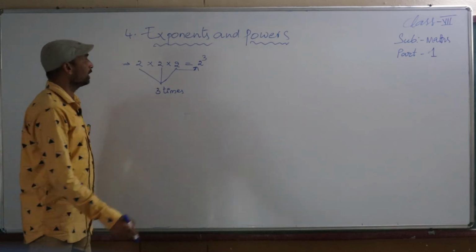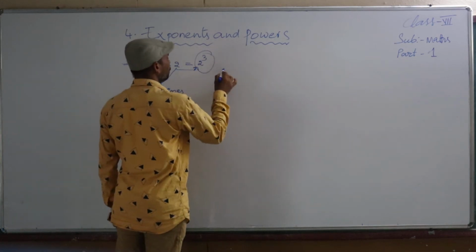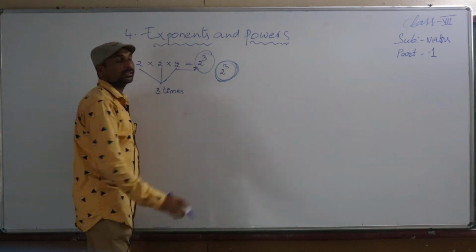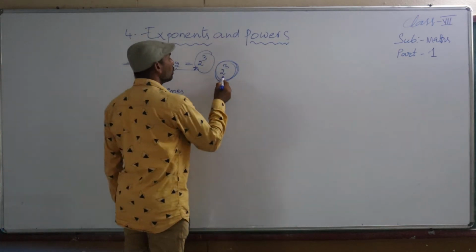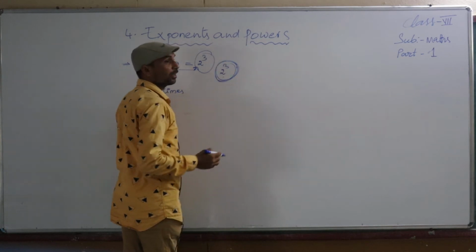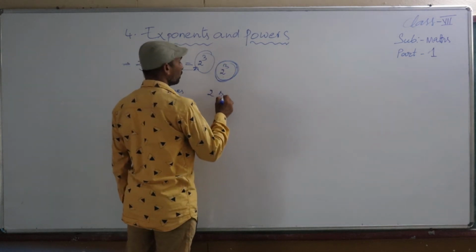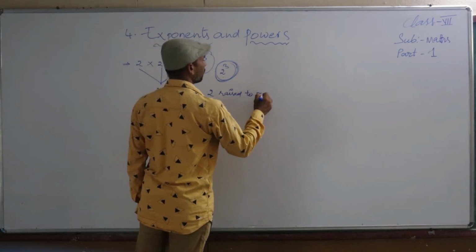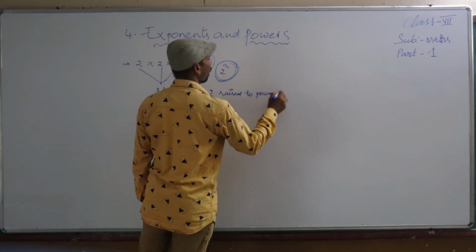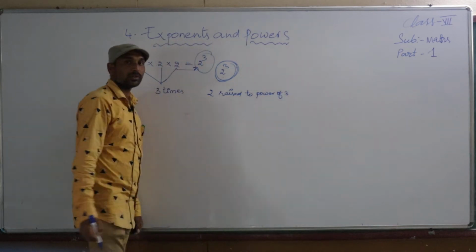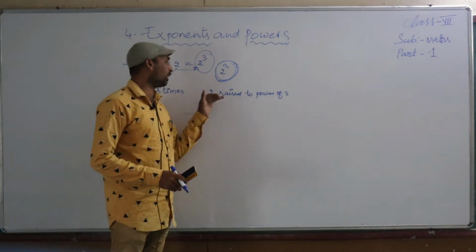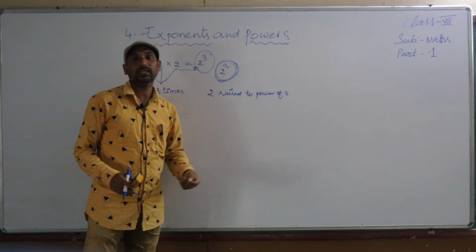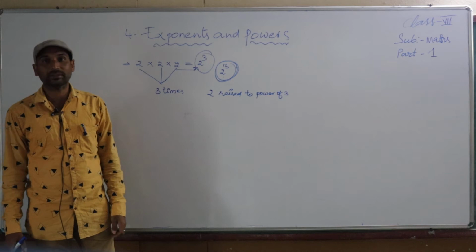We read 2 power 3 as 2 raised to the power of 3, but simply 2 power 3.